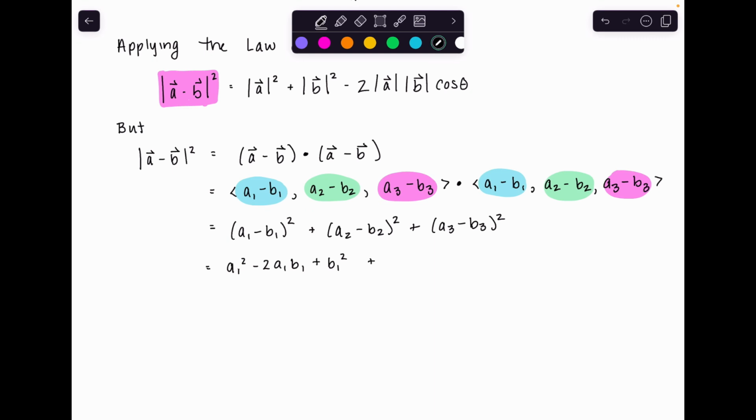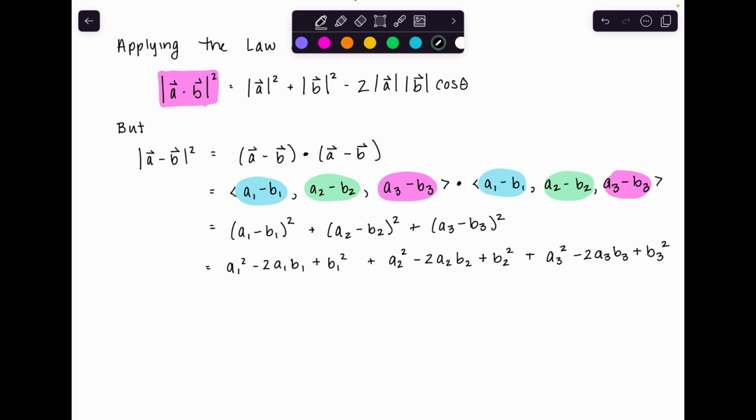When I do the same thing for the middle term, you get the first term squared minus 2 times the product, and then plus the last term squared. And then finally, you get A3 squared minus 2 times the product plus the last term squared.